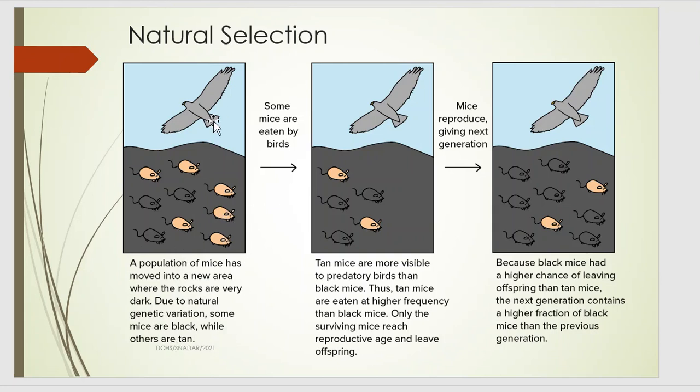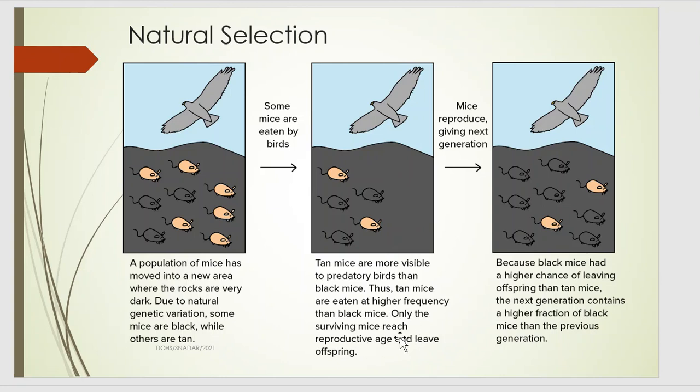You can see that the predator flying above can easily see the light colored mice, and the number of mice is decreasing over time because of the predation. The tan mice are more visible to predatory birds than the black mice. Thus, the tan mice are eaten at a higher frequency than the black mice.